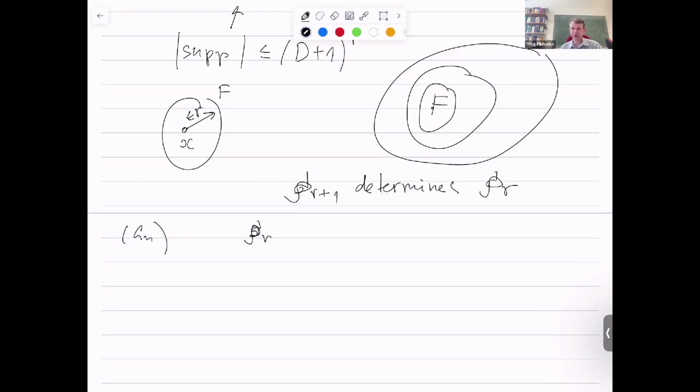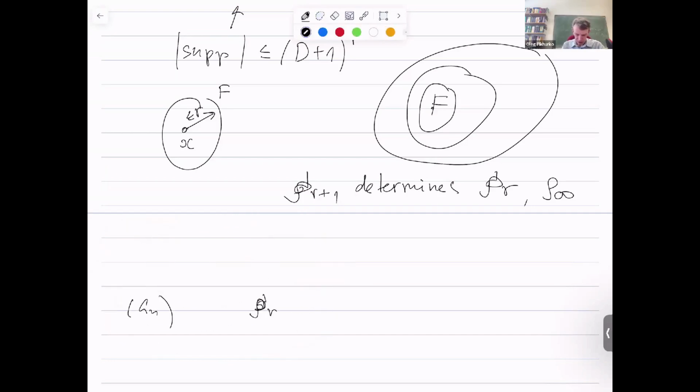So there is some kind of consistency condition, and you can write it easily. And then it's known that if I have a sequence of measures like this which are consistent, then I can define a measure which I'll call rho infinity, which is a measure on infinite graphs up to isomorphism.